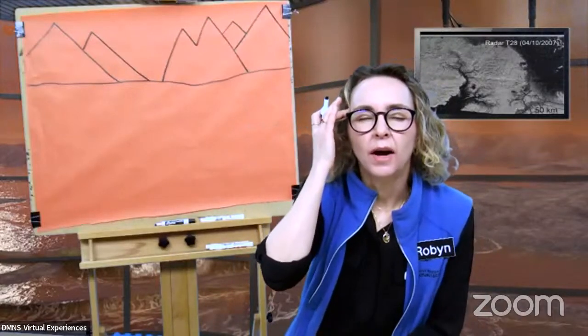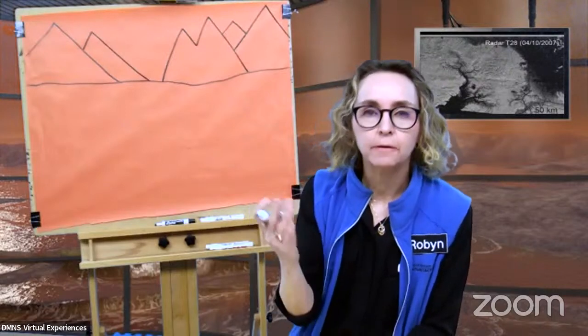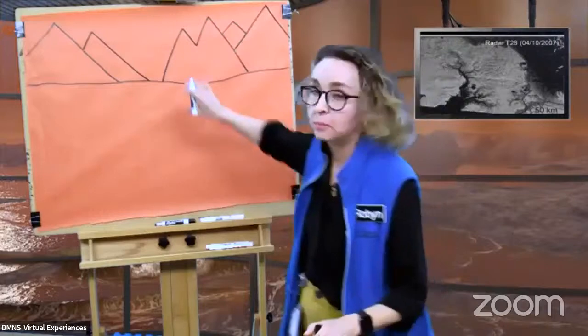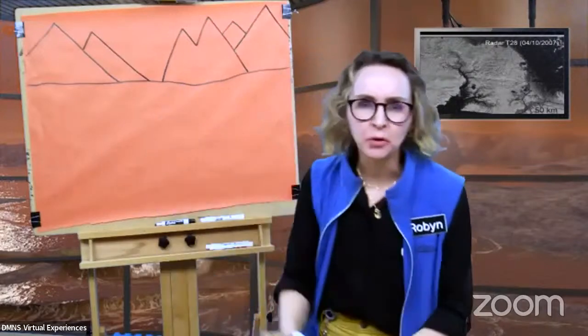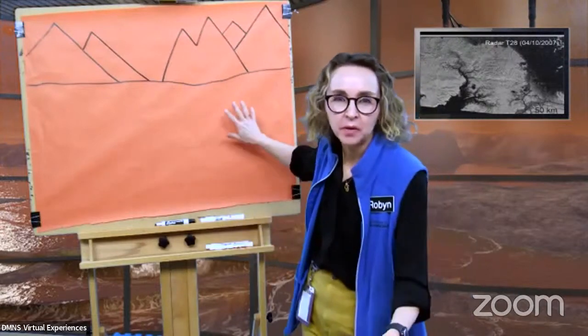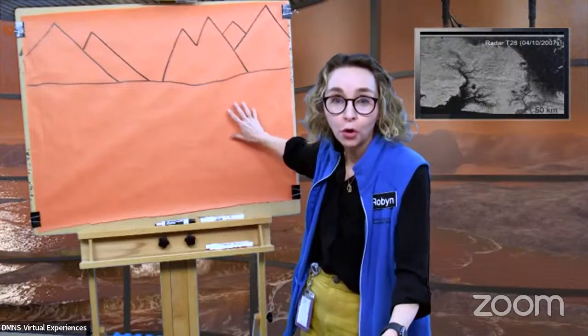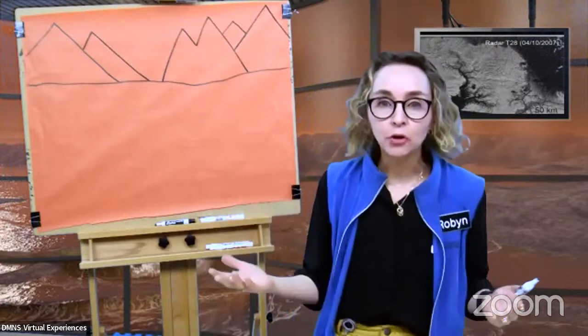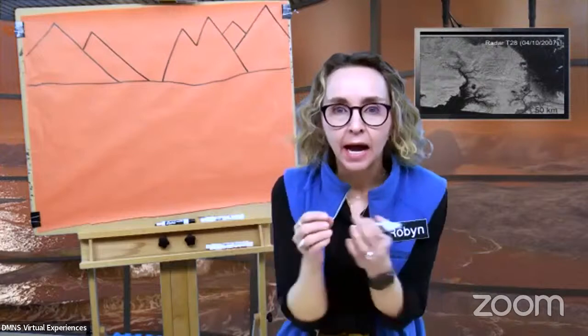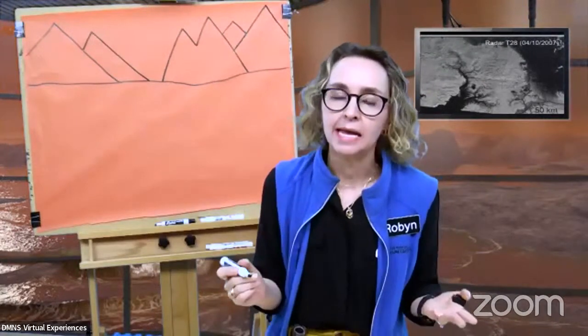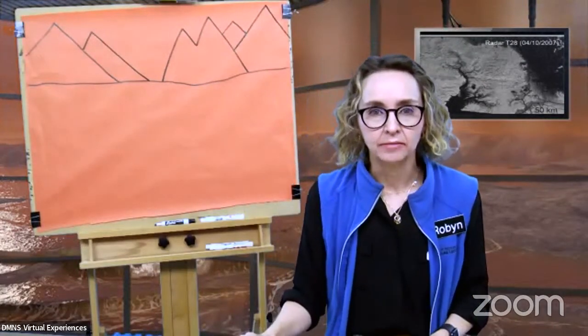Now, if water on Titan is so cold and so solid that it can be a mountain, what do you think the rivers might be made of? Any ideas? Remember what we talked about that makes Titan orange? It's those hydrocarbons, that carbon and hydrogen molecule. So in this case, it's actually methane.